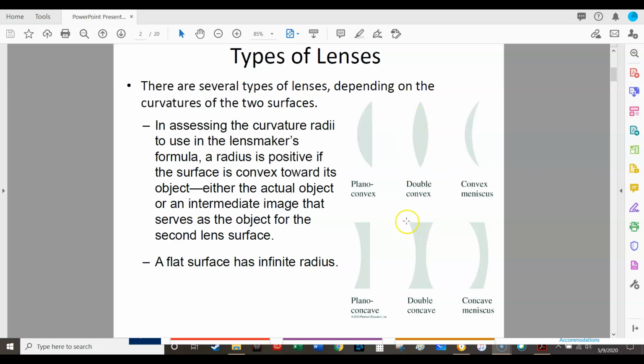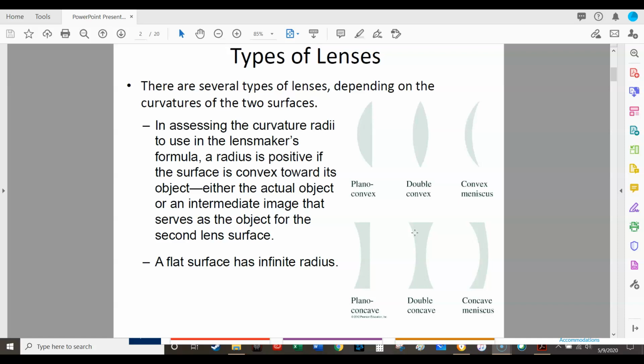And we're also going to be studying double concave lenses. So double convex lenses are also called converging lenses, and a double concave lens is also called a diverging lens. Just as we were talking with mirrors, how there were concave and convex mirrors, well, now there's going to be concave and convex lenses.